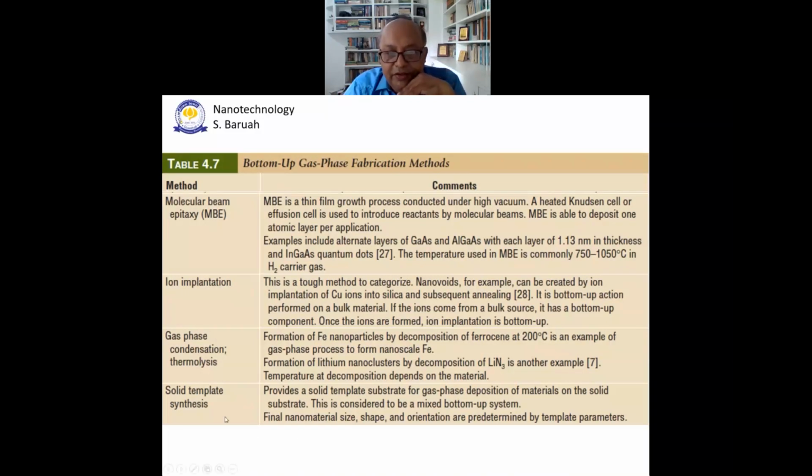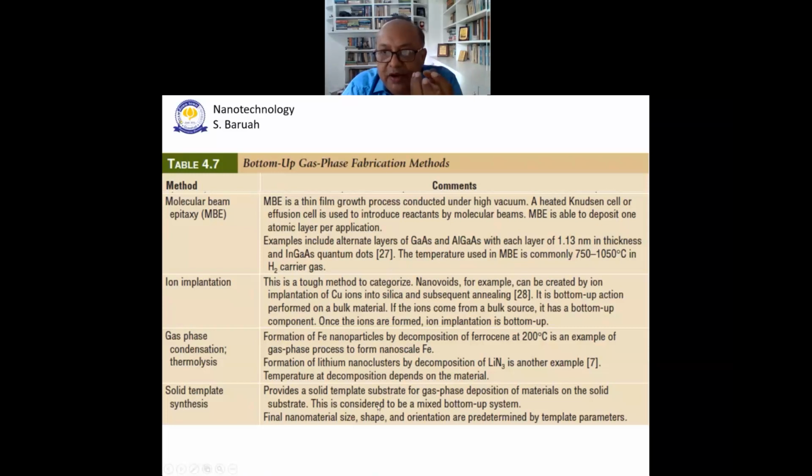Solid template synthesis. Okay, that's another process. Template basically means, you know what is a template, right? It's a standard form that is given to you and you basically replicate it. You just put the things in the template and it becomes your nanoparticle, right? So it provides a solid template substrate for gas phase deposition of materials on the solid substrate.